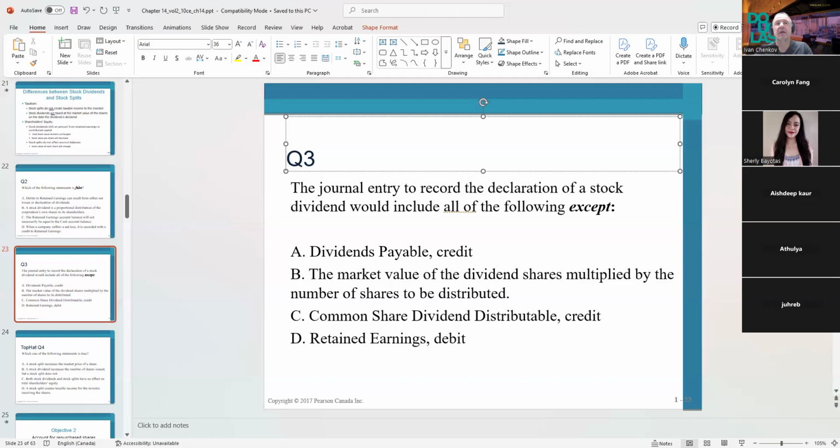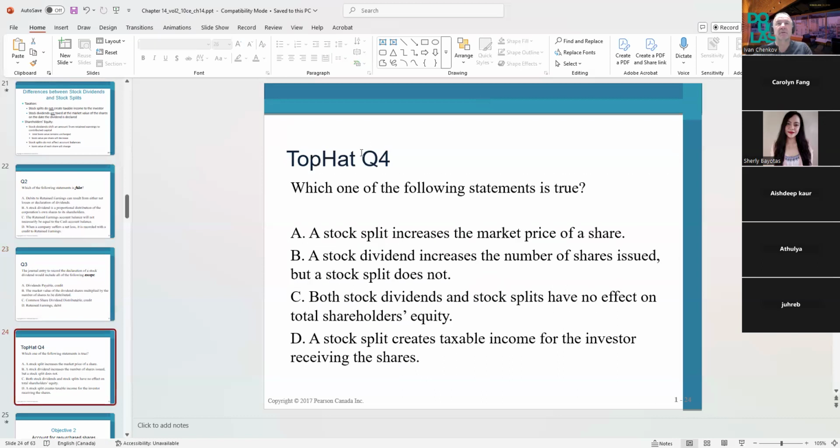Because it's payable. There's nothing to pay. We're not paying, we're distributing. Remember, once you see payable, that means liability. In a stock dividend, there's no liability there. Let's go with another one.